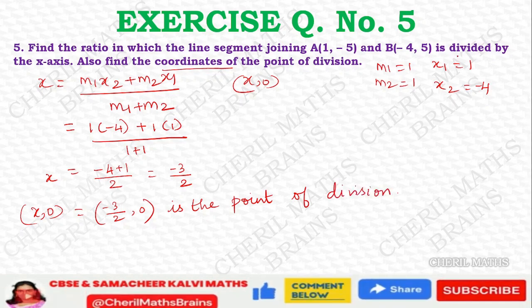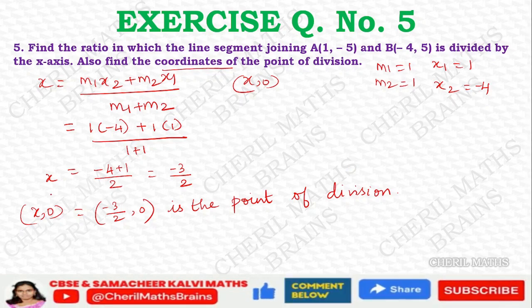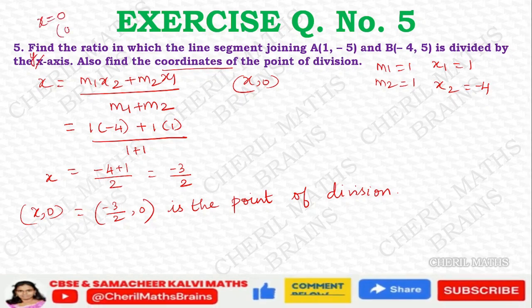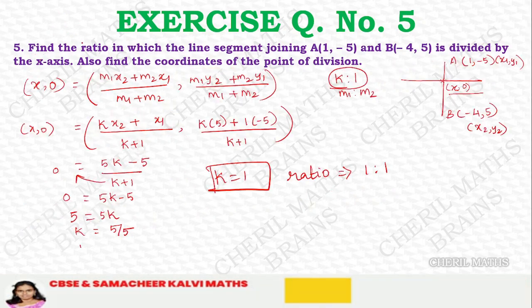Since we are given that it is divided by the x-axis, the y value is 0. If you are given a question with the y-axis, then your x value will be 0, so the coordinate will be 0 comma y. In that case, instead of y being 0, we will first substitute 0 for x and then proceed. Is it clear, children?